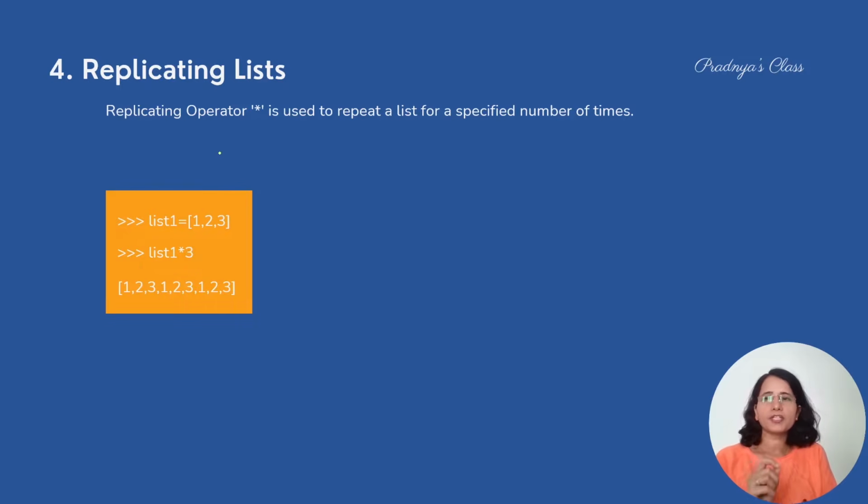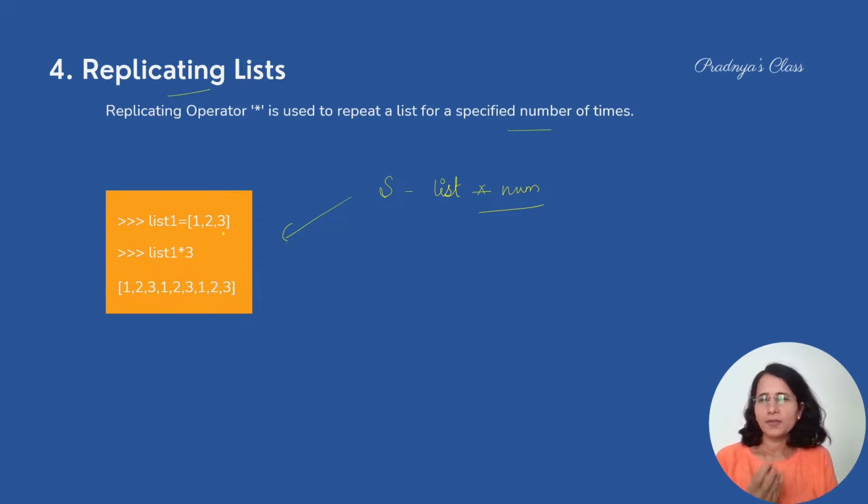The next operation is replicating a list. Replicating means repeating the elements of the list. For that we are using the replication operator. The syntax for this is, first we mention the list, then use this operator and write the number for how many times we have to repeat.